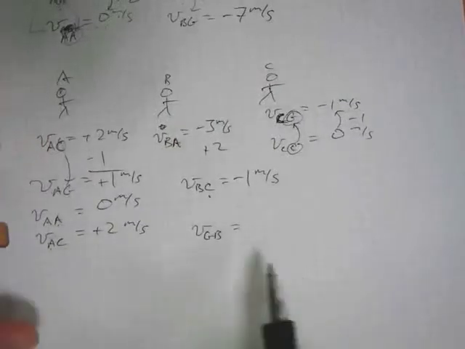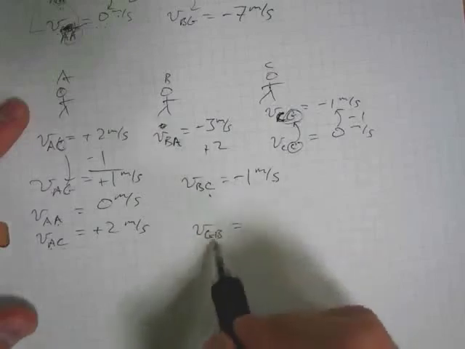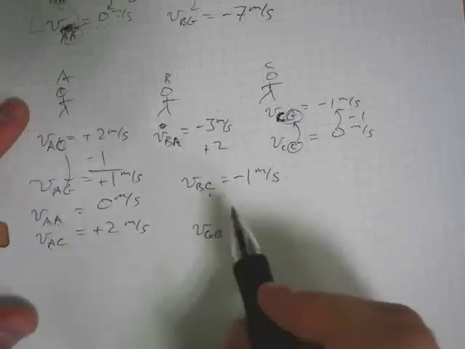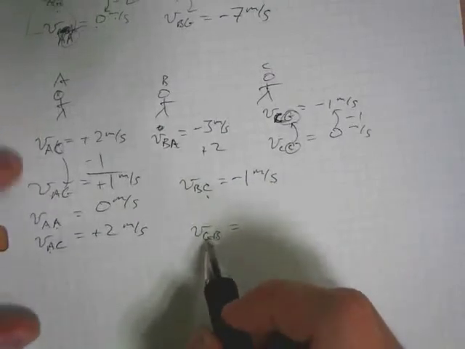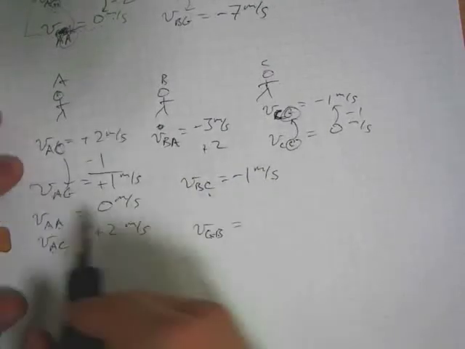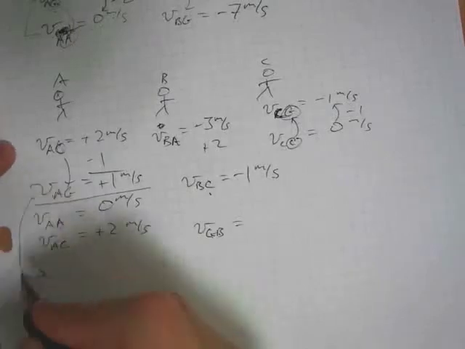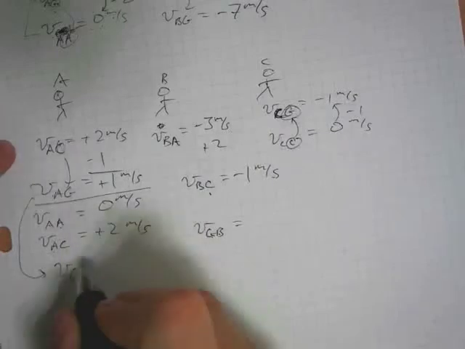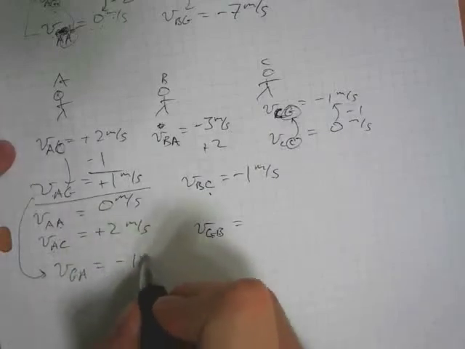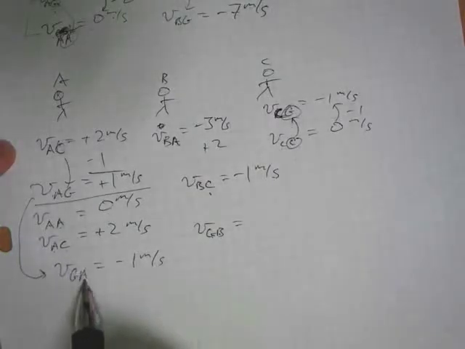So, velocity of ground relative to B. Well, we don't have the velocity of the ground directly, but we do know velocity of A relative to the ground is 1, which means the velocity of ground relative to A is just the opposite. That was our first rule. So now we have ground and we have A.